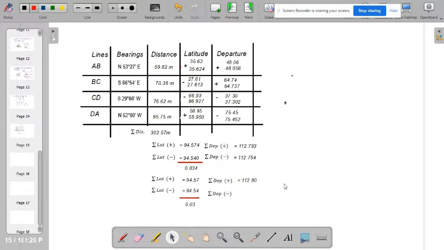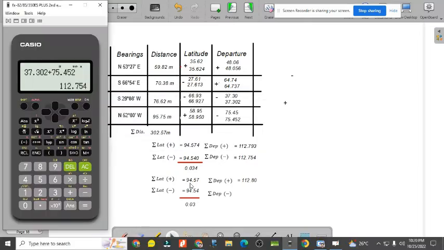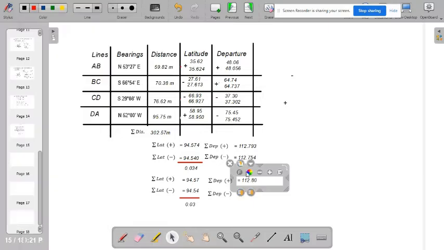And for the two decimal places, we have 37.30 plus 75.45. So this is equal to 112.75.